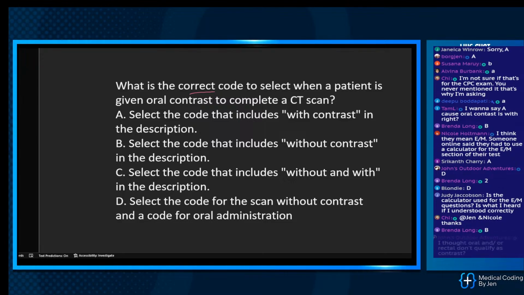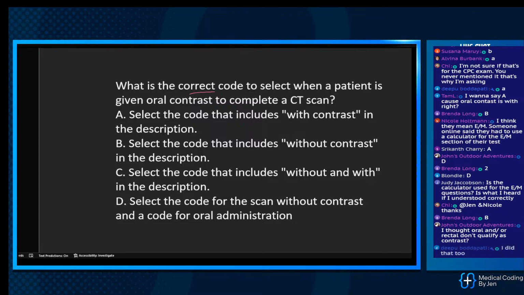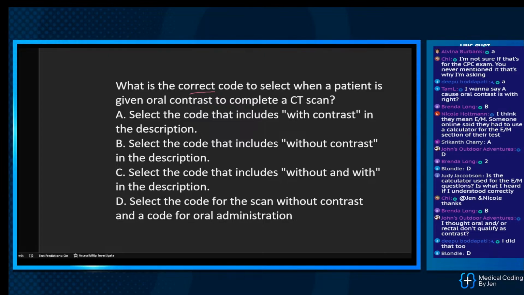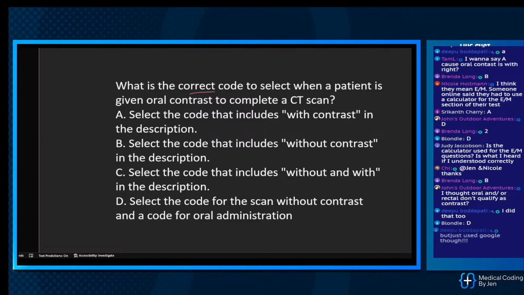Used for E&M. The E&M calculator, Jody, I've not seen anybody need a calculator for E&M. Now, if you're taking COC or CPMA or CIC, then yes, you need the E&M calculator, but not for CPC. CPC, they're just going to have low, moderate, high, or straightforward in the question.